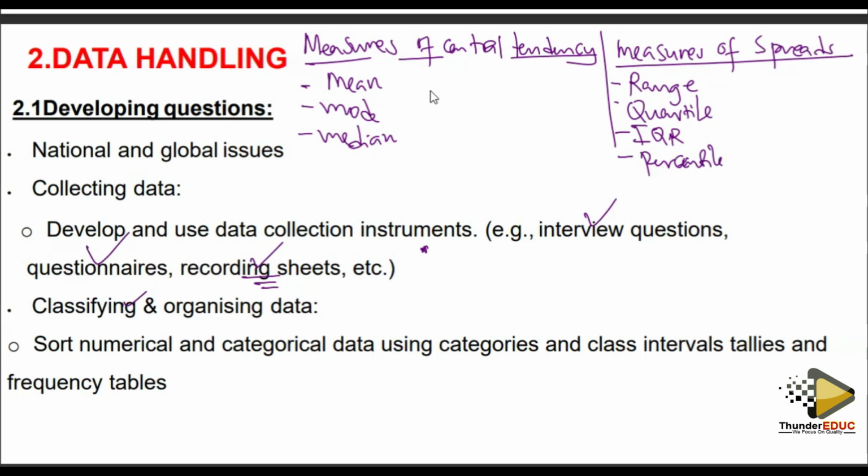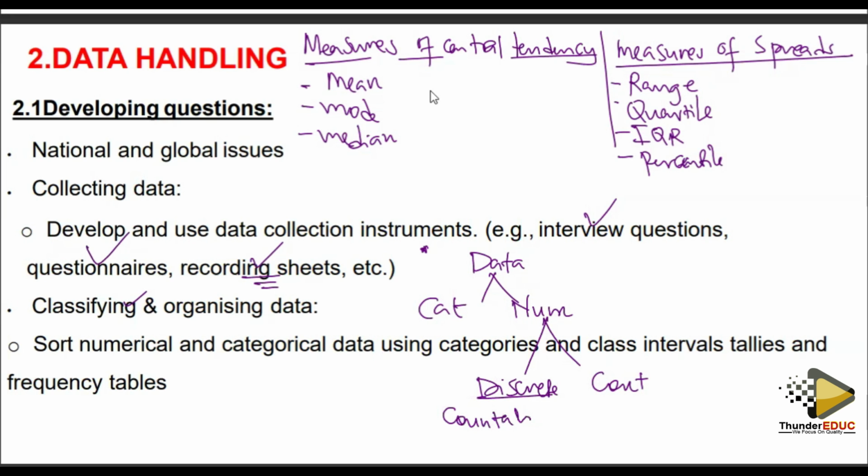Classification. What I want you to remember is that data is divided into 2. We have what we call categoric, and we have what we call numeric. And numeric is also split into 2: discrete and continuous. Discrete is counted. It's countable. Whereas continuous is measured. You can't count it, but you can measure it.